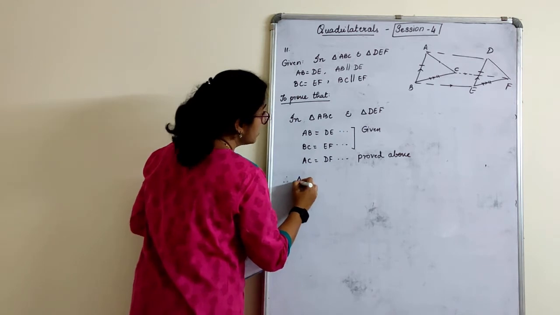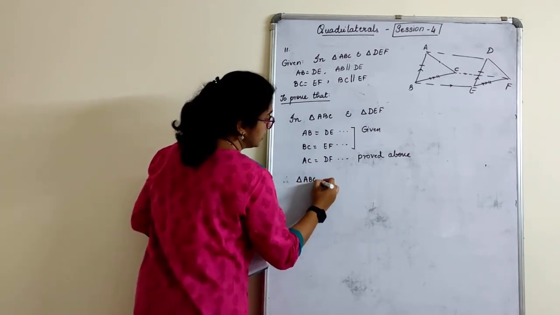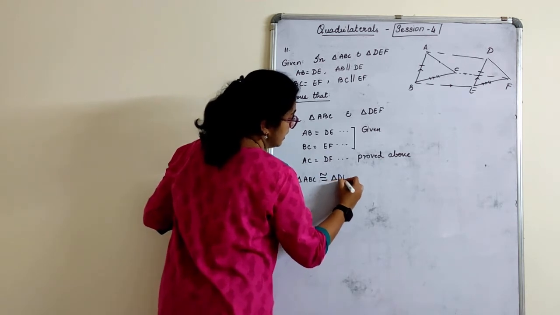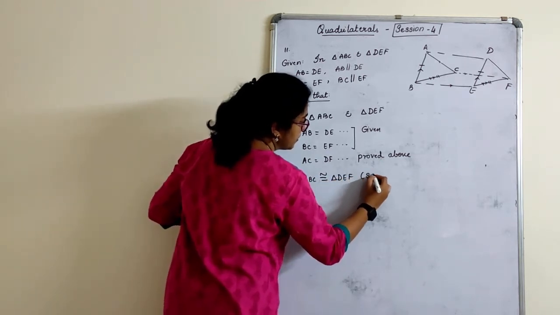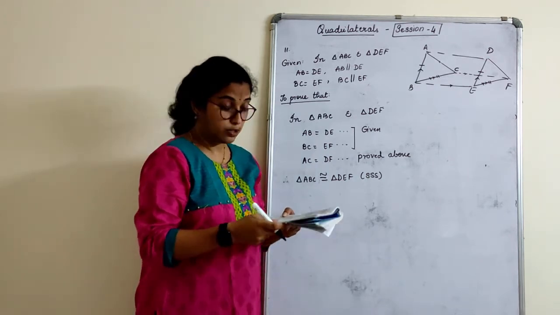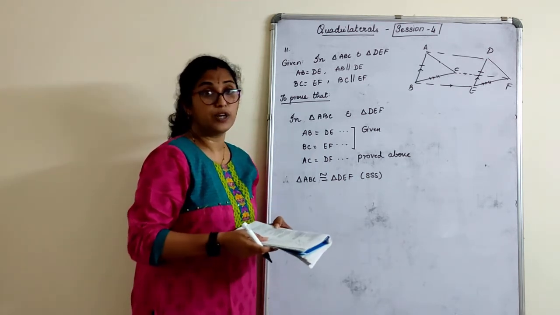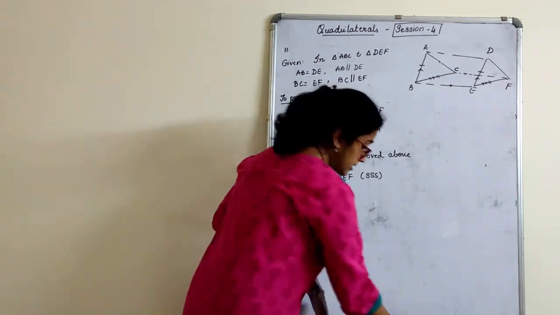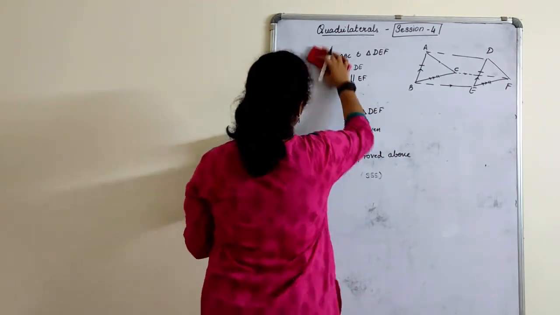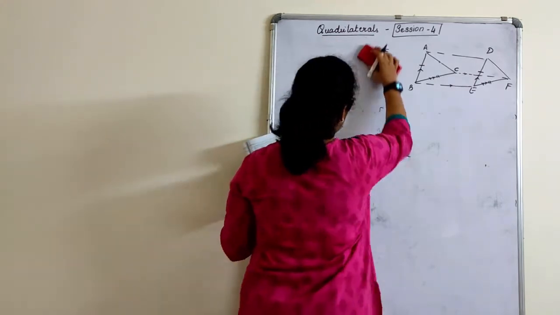Therefore, triangle ABC is equal and congruent to triangle DEF by triple S congruency rule. With that we complete all the 6 things what we had to prove. And the last sum of today's session. With this we complete this exercise.